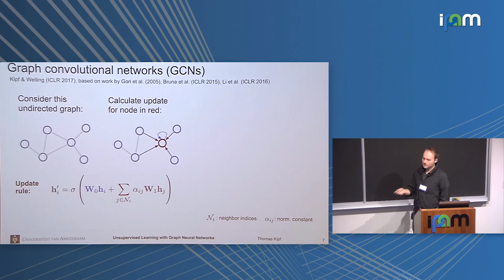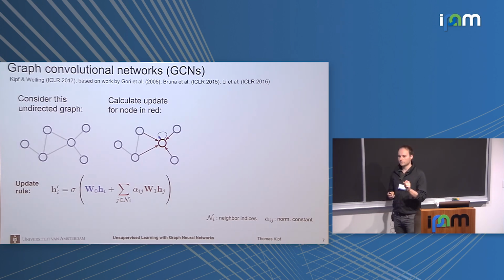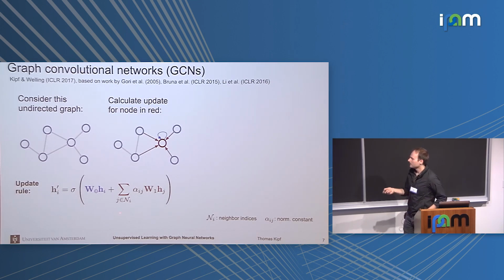If you look back at what a convolutional neural net on images would do, the easy way of generalizing this would be to not assume anything about the neighbors. Basically, say every neighbor has the same relation to the node. It could be a friendship relation on Facebook, and then you would assign the same linear transformation, the same meaning, to each neighboring edge.